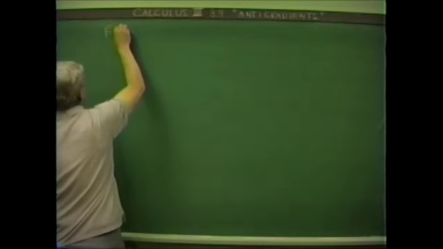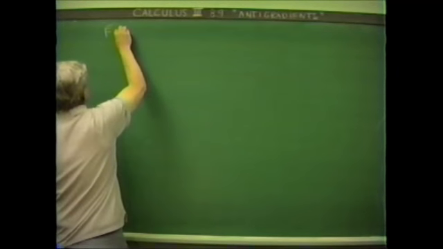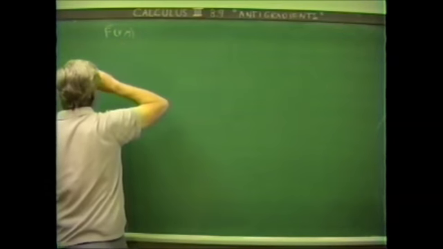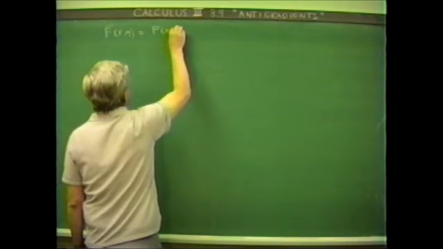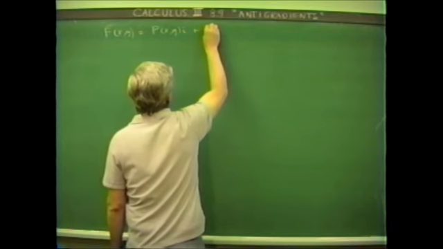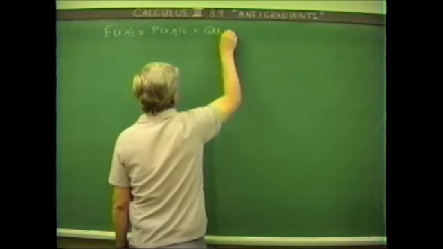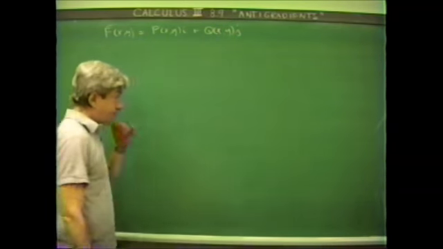Given a vector-valued function F, we want to consider at this point functions of x and y, P of x and y i plus Q of x and y j.